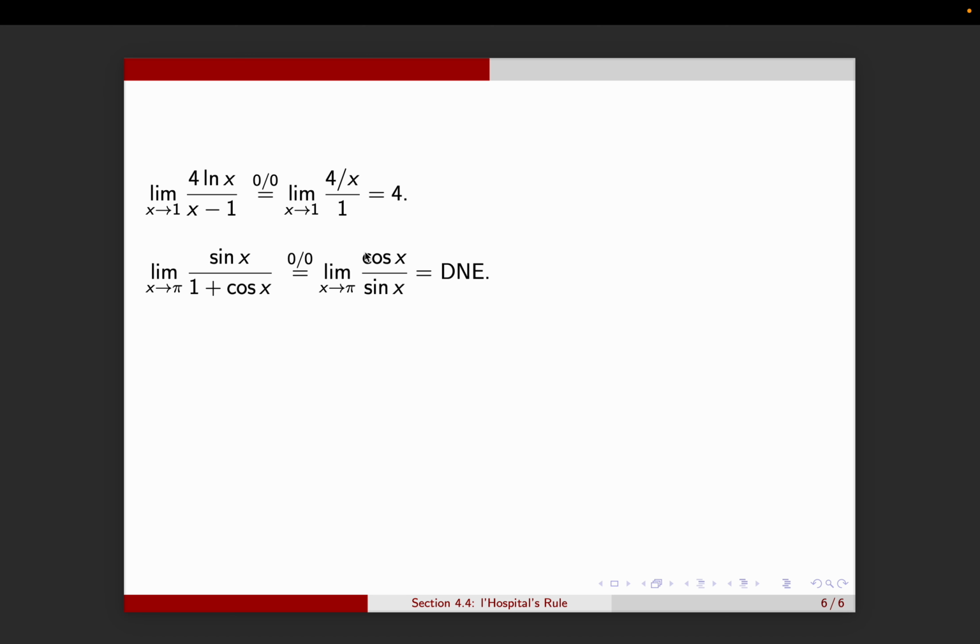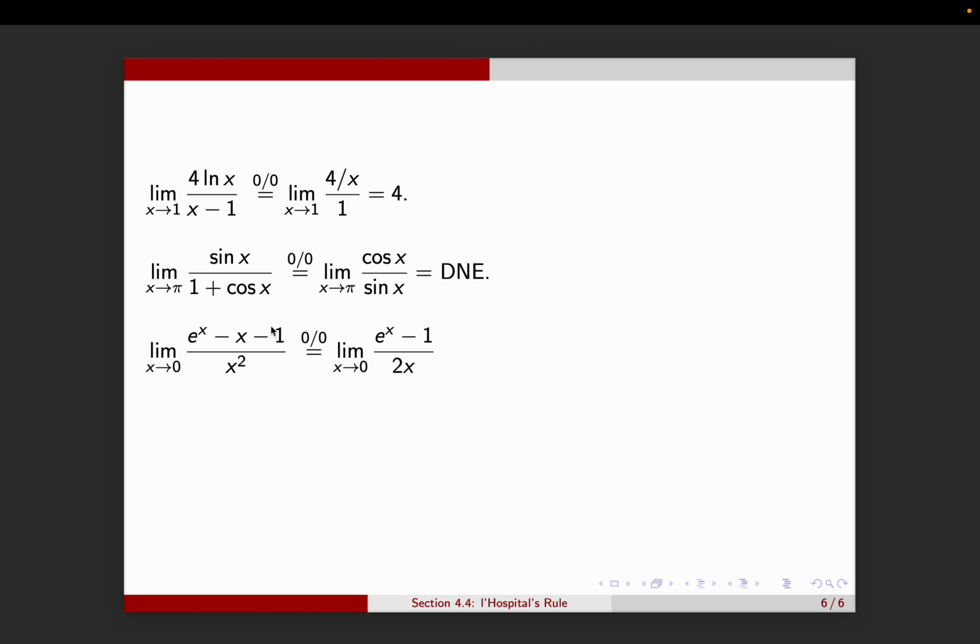And now, if you try to plug in pi for x, cosine of pi is -1, sine of pi is 0. So you have -1 over 0, and we know those limits don't exist. Like back over here, we didn't know if the limit existed or not. And if it did exist, we didn't know what the number was. But with this, now we can definitively say it does not exist, and we are done. So that's nice.